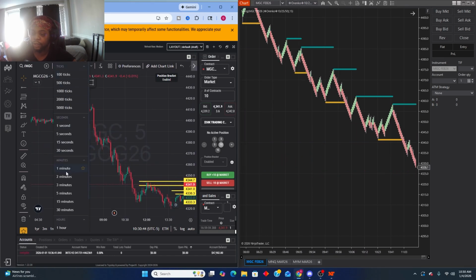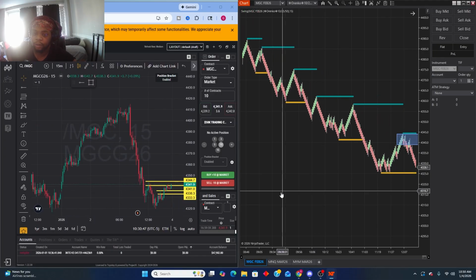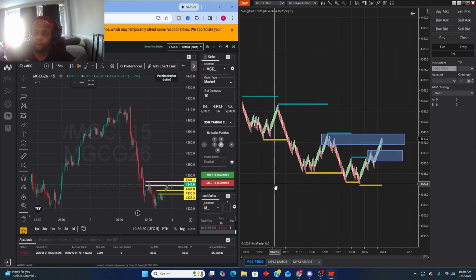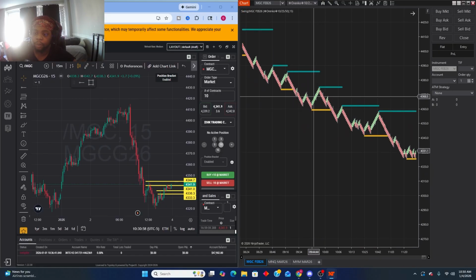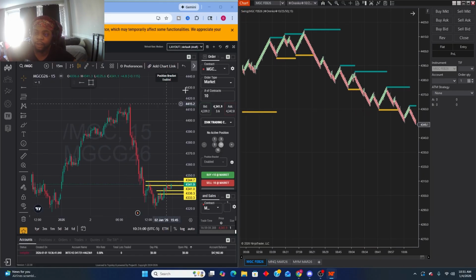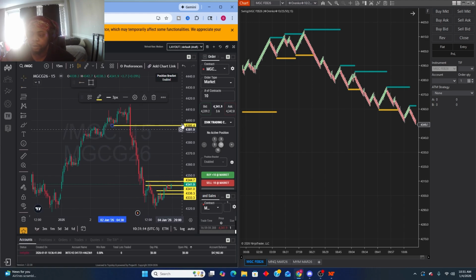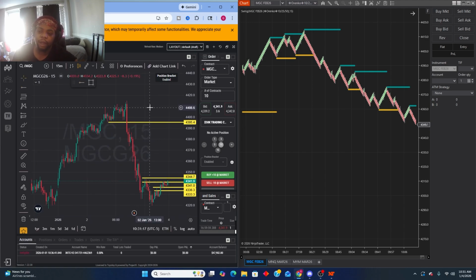Let's go to the 15 starting off. Right here. And this is the top. At 43.95 was my neckline break. You never got a retest. I did. You feel me?